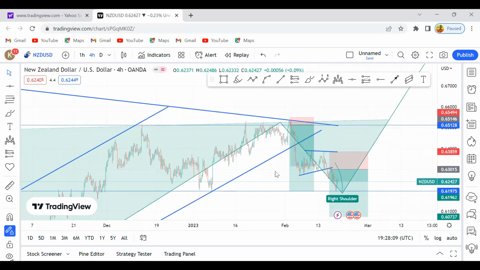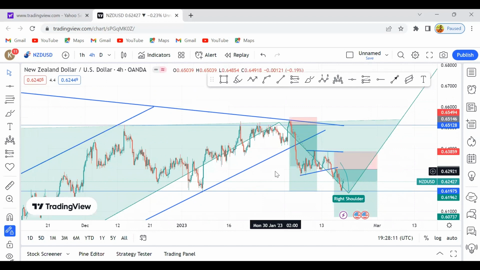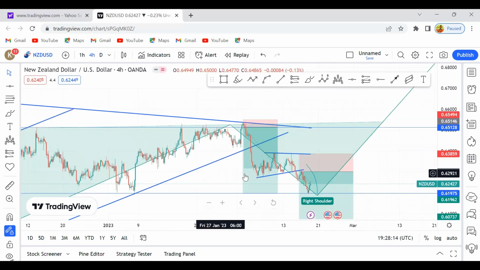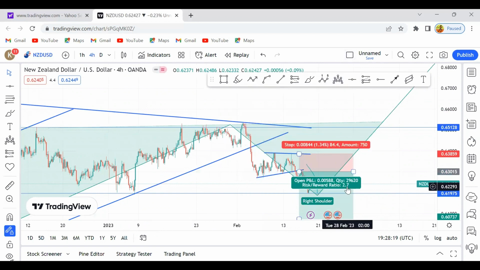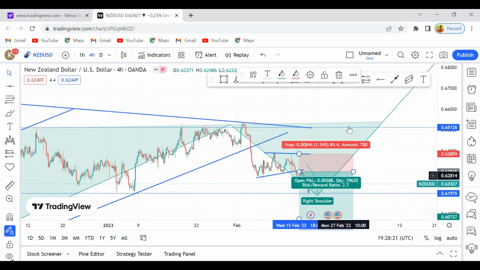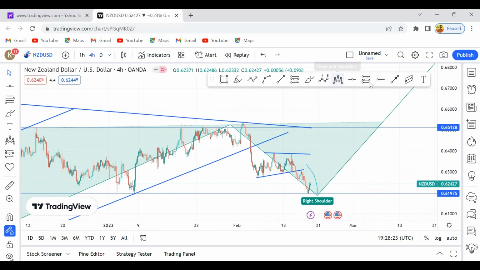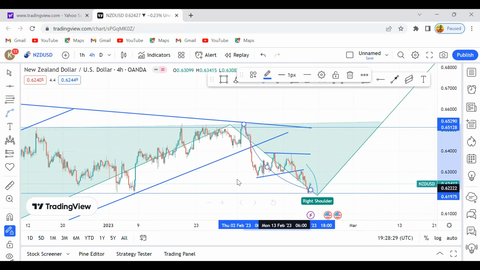Remember guys, that each time you analyze, make sure that your analysis is clear as pure snow. Since you would have taken our entry at this point here until this point here, we would have said that NZD was going to buy until this zone here.